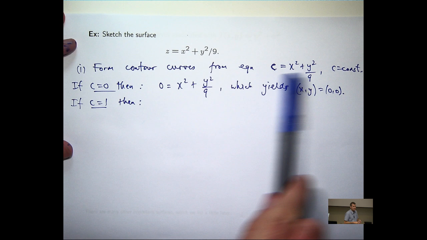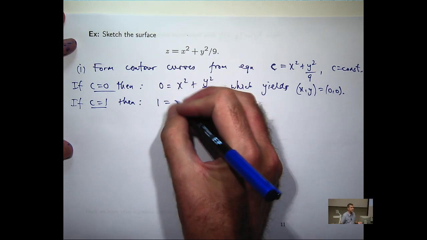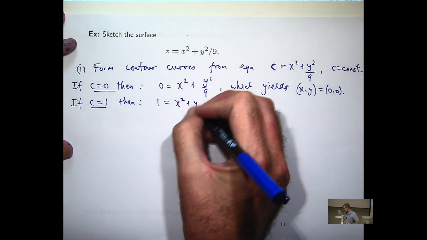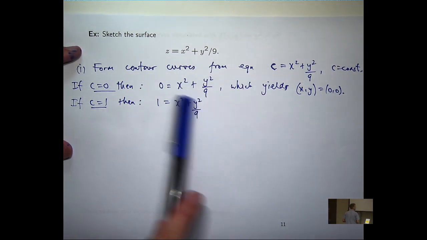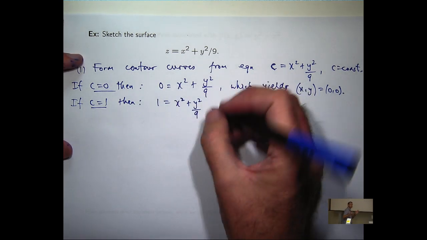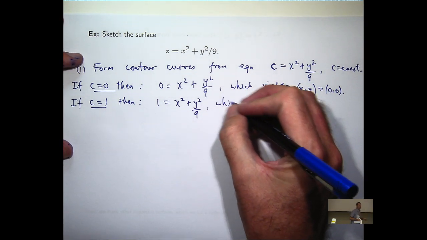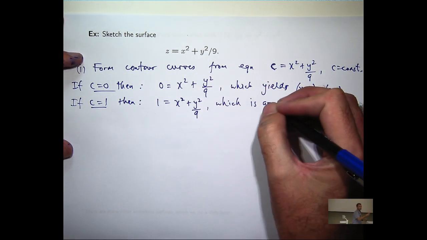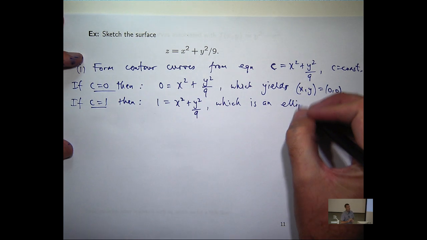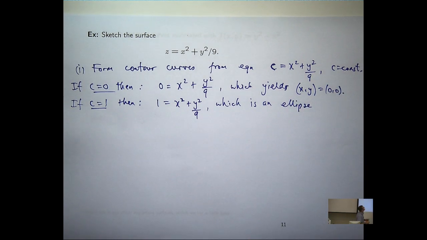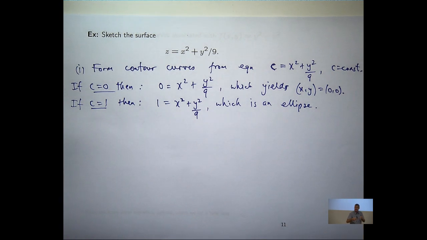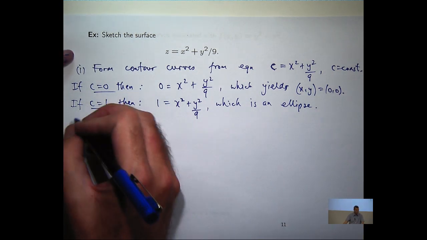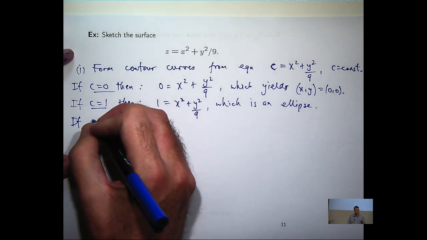Well, let's put in, say, c equals 1. So we go up here, put in c equals 1. What's this curve? An ellipse, right? Okay, now I haven't drawn anything yet. I'll draw something in a minute. And I'm going to choose another one, c equals 4.